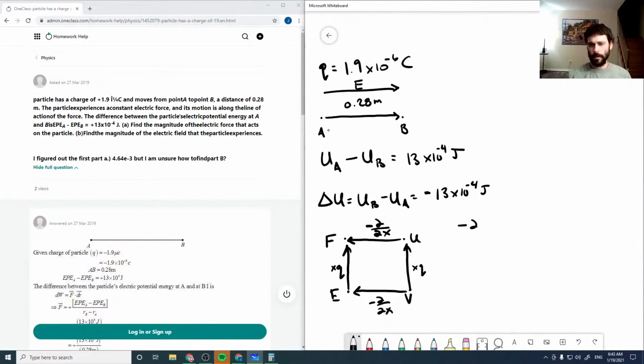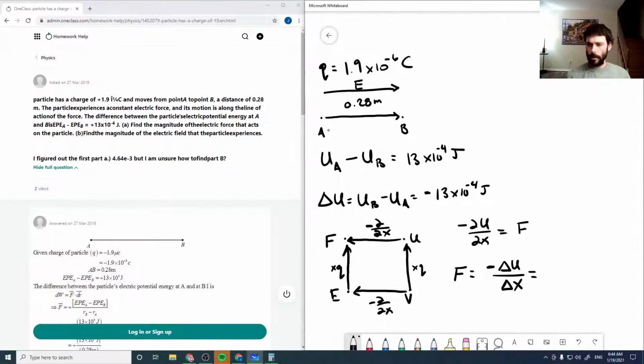So if minus dU by dx is the force, then that actually makes it easy on us. As long as our force is constant, which it says it is, then our force is just minus delta U over delta X. So just taking the differentials and moving them to a delta.